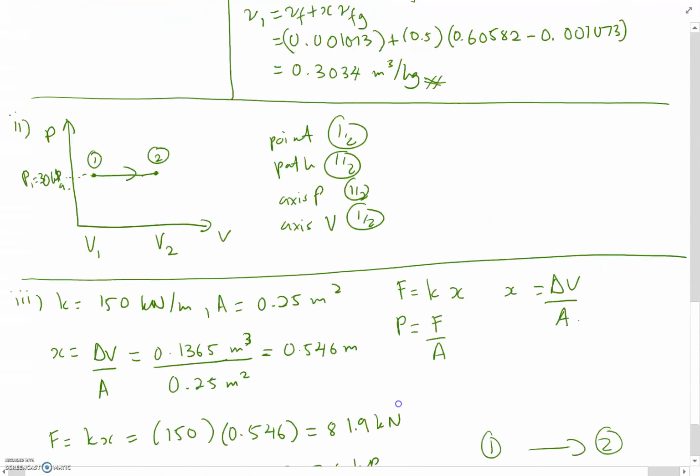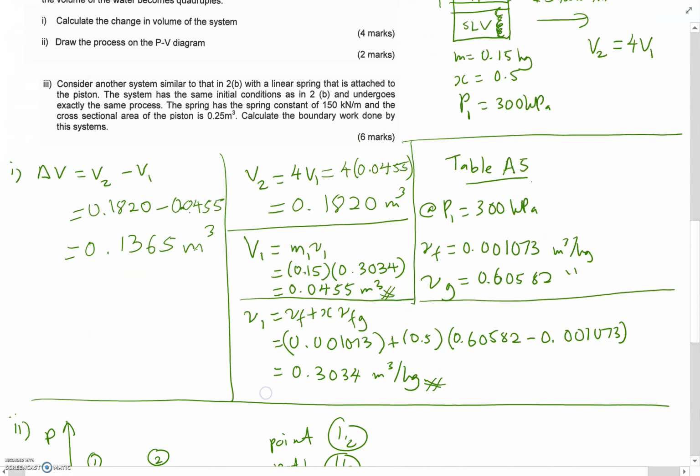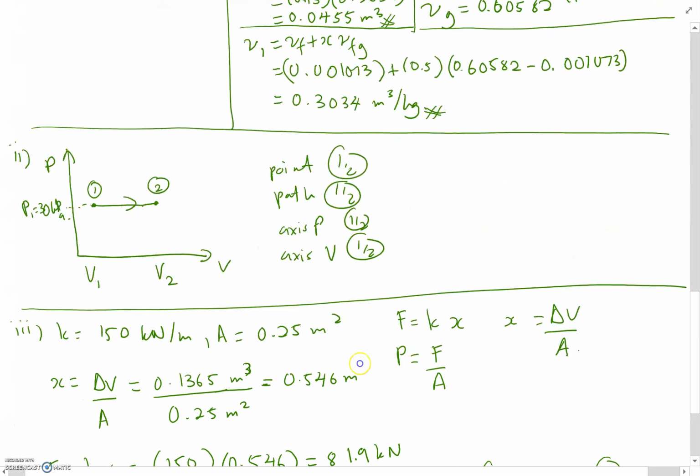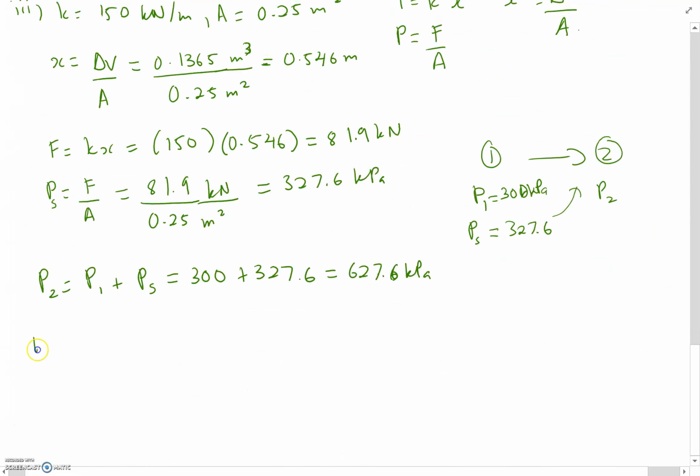Okay, what is the question anyway? Calculate the boundary work done by the system. Okay, for the work of boundary equation, since we have different pressure, pressure 1, pressure 2, and volume also changes, basically it is PdV, but we have different pressure and different volume.